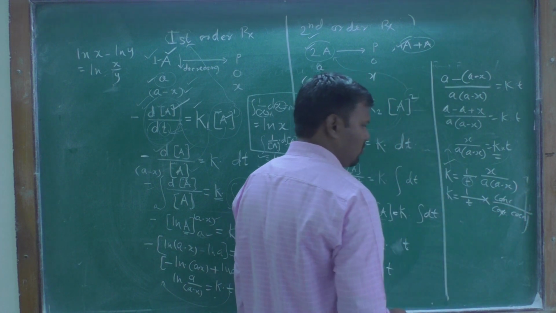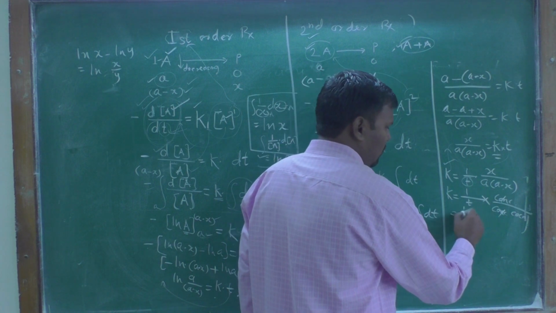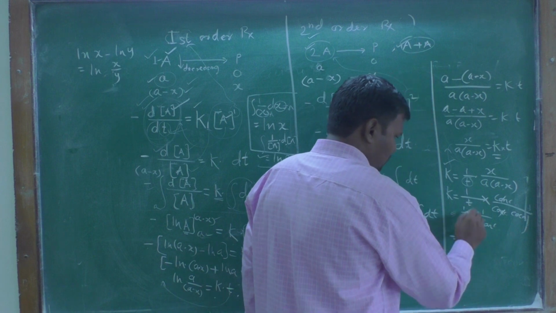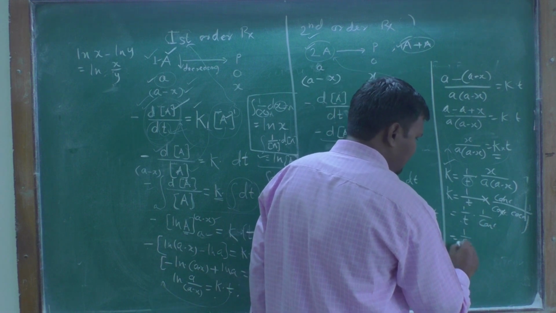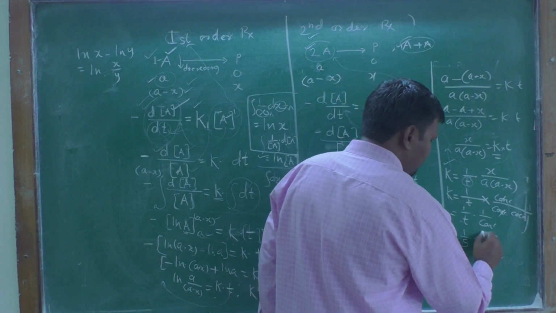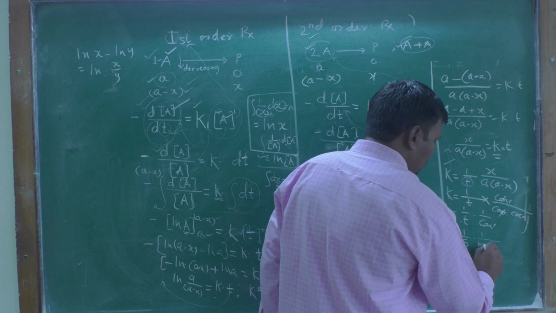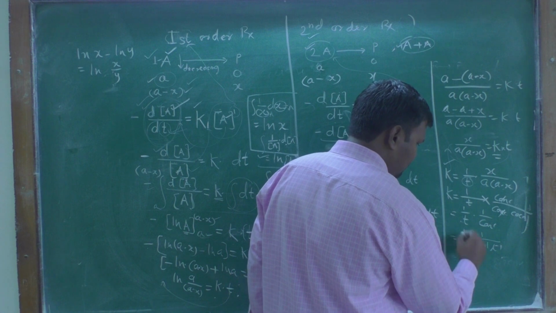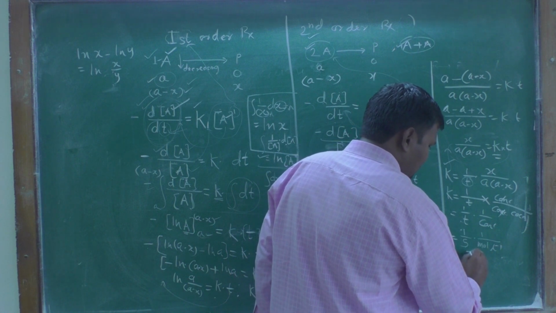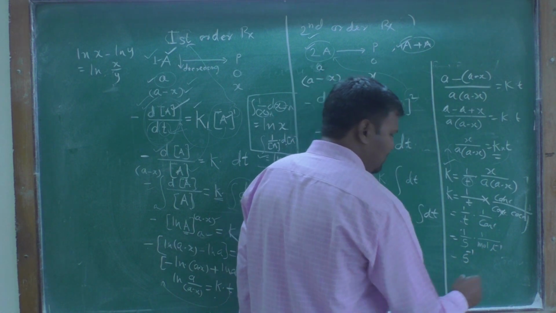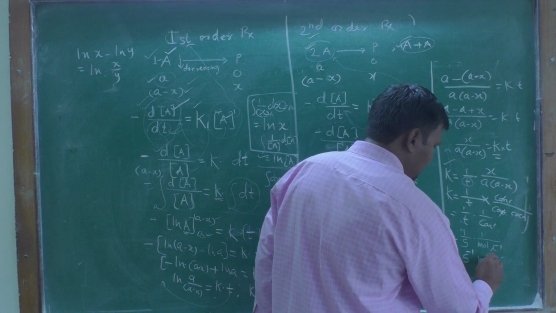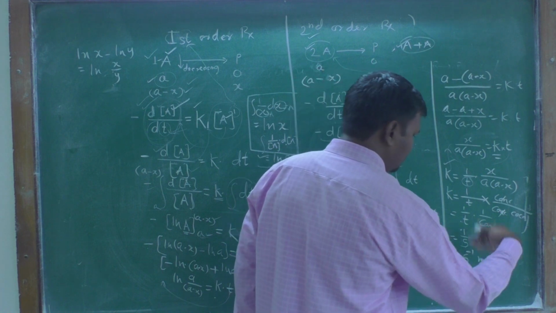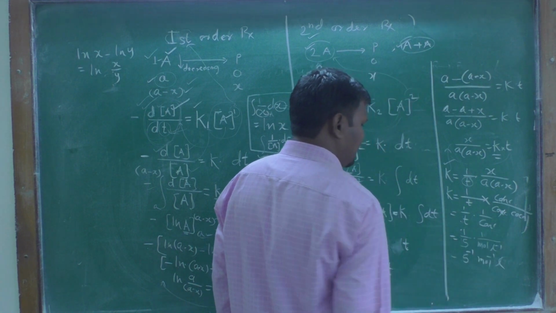One concentration cancels, so it is 1 upon t into 1 upon concentration. 1 upon t is given as second inverse, and concentration is mole per liter. This will go to this side, the unit is seconds inverse, mole inverse per liter. The sign will change when it goes to that side.